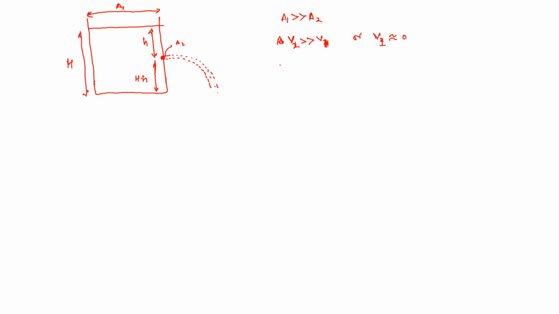So then if we apply Bernoulli's principle, you can say that P1 over rho g plus V1 square over 2g plus Z1, this is point 1, and at the orifice, this is point 2, P2 over rho g plus V2 square over 2g plus Z2.